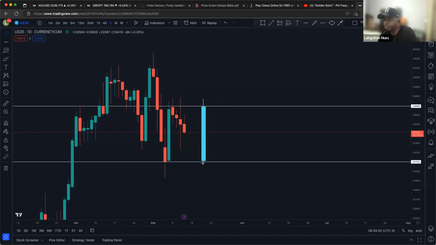The price reached above, but it closed right there. Then a bearish candle closed after it, with a wick here. So now this area right here is a resistance.